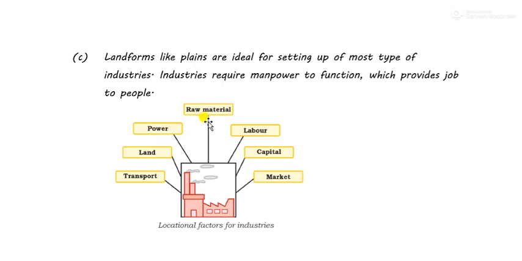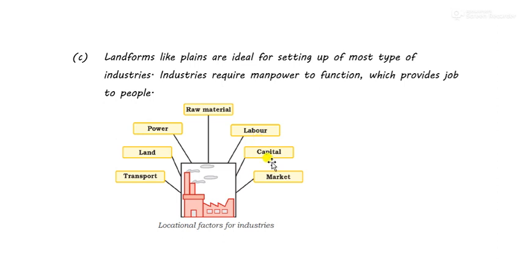Now the raw materials may suggest the natural resources or the input which will finalize the product, finished goods which are to be sold. That is the raw material from which the goods are made. Second is labor. Now labor means the manpower. The people are the labor which work in the industry.